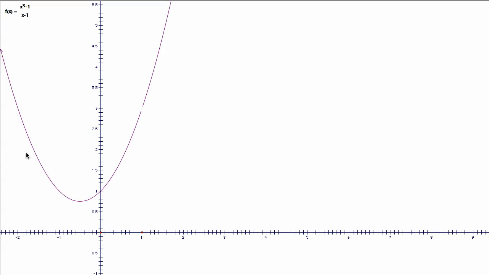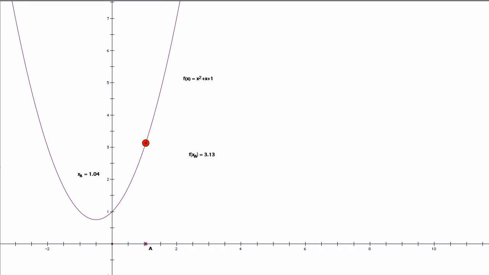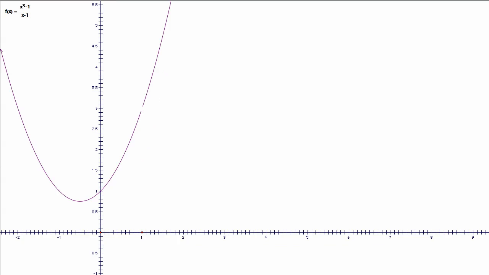And here's my parabola. This parabola looks strangely familiar. In fact, if we compare it to our previous parabola, they look pretty close to the same, with a little bit different scale. But this parabola is slightly different in the sense that it has a hole right here.